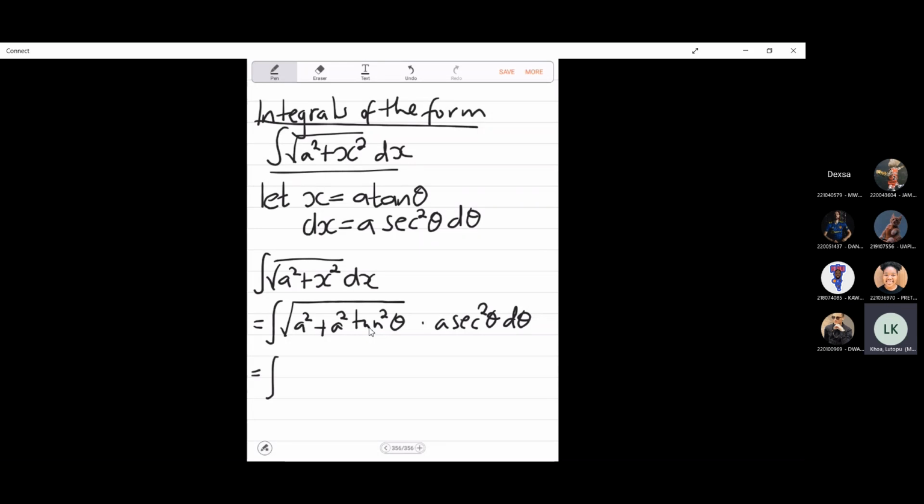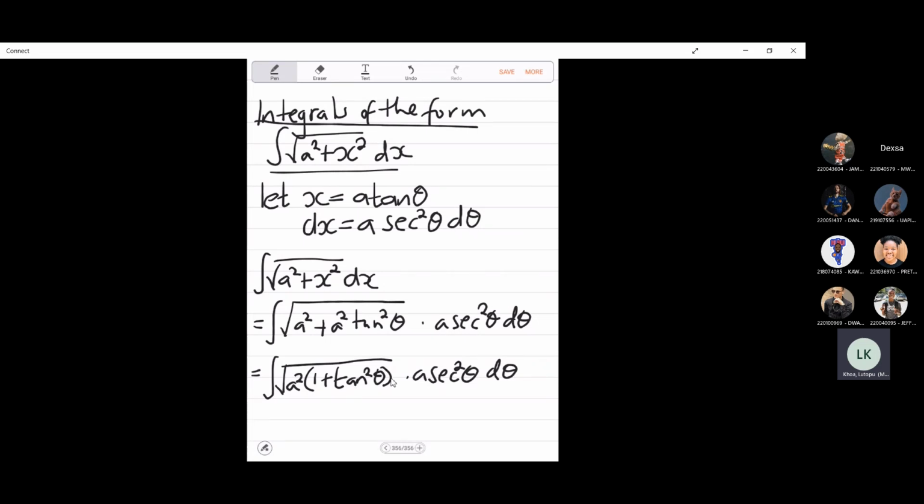We have the integral, the square root of a squared 1 plus tan squared theta multiplied by a sec squared theta d theta. And we know that 1 plus tan squared theta is sec squared theta, and then the square root of a squared sec squared theta is just a sec theta.